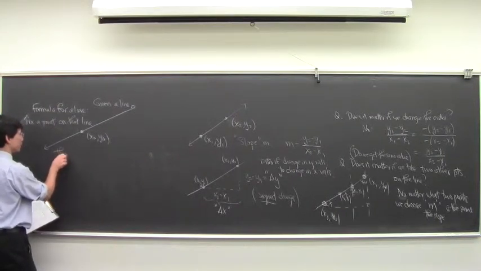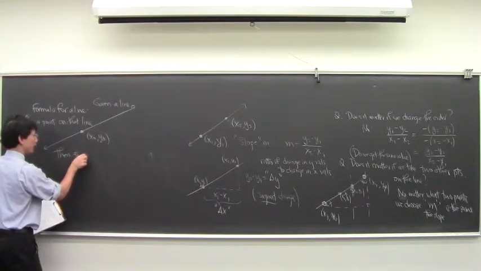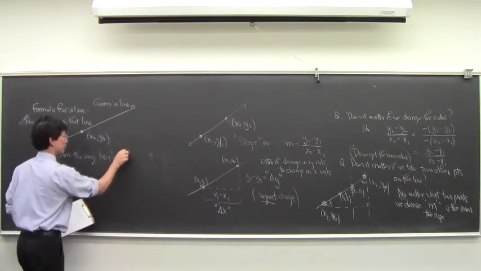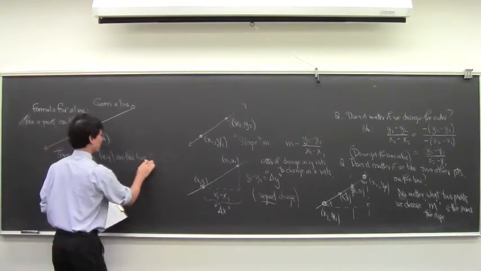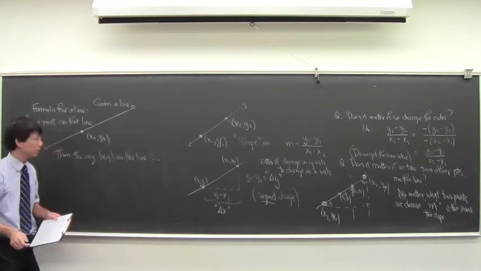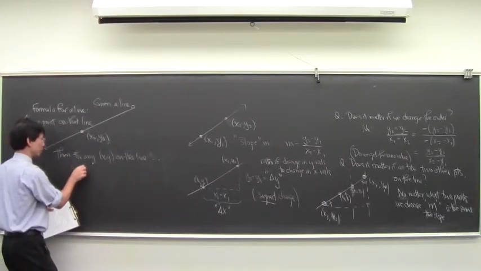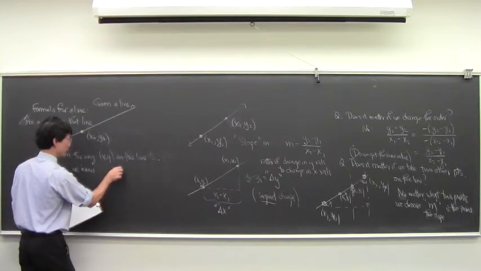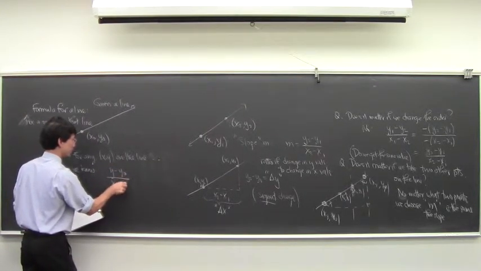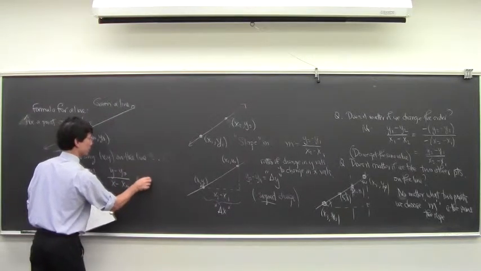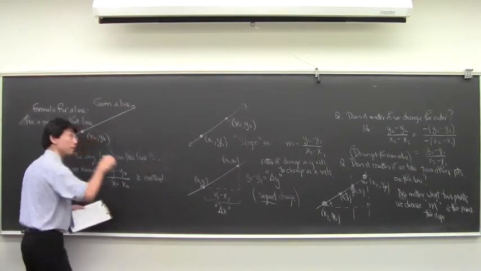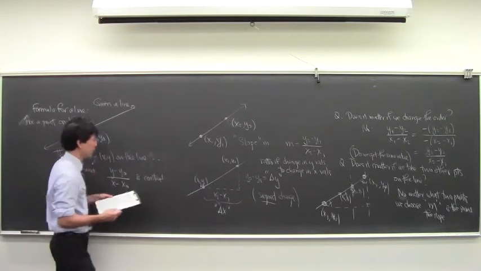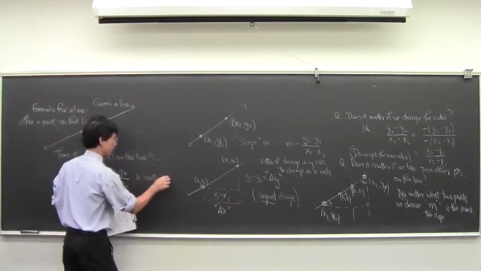Then, for any x, y on the line, we know that y minus y0 over x minus x0 is constant. It's some fixed constant m.